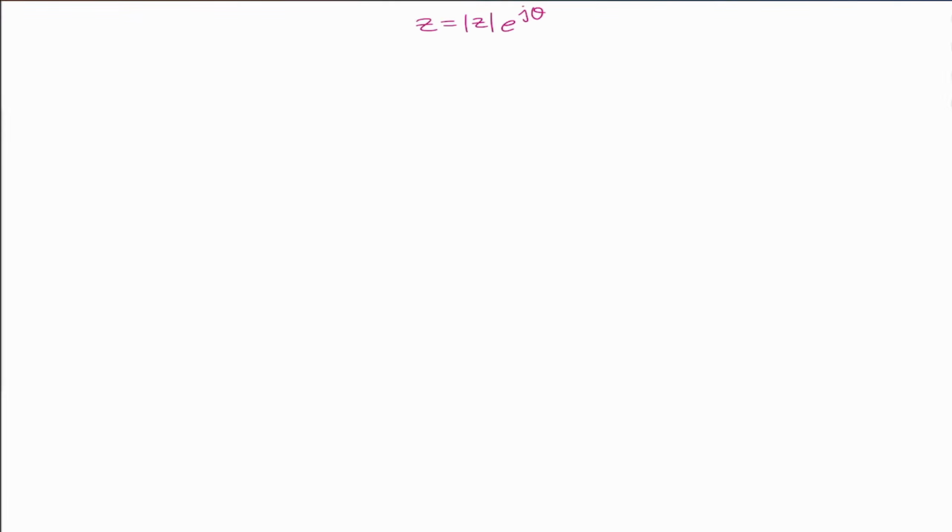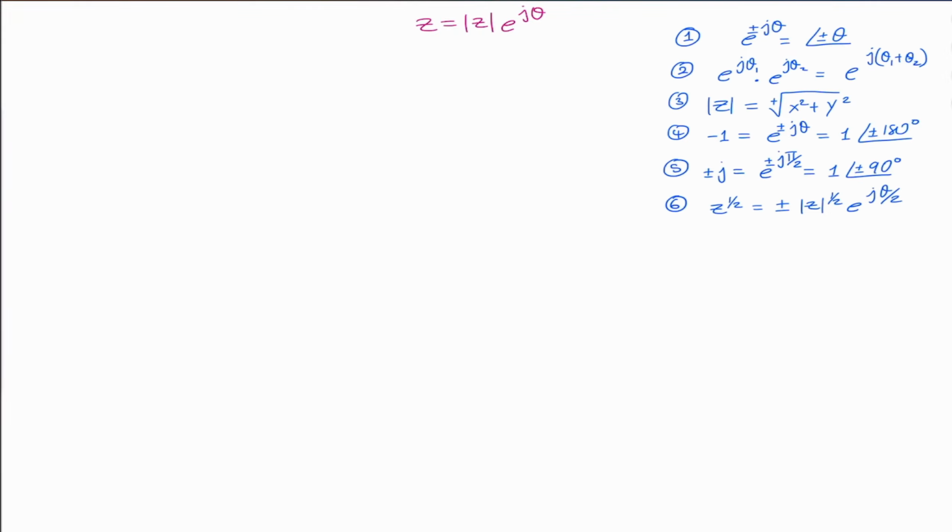So, first, z, the complex number in polar form, is equal to the magnitude of z times the complex exponential e to the j theta. We then list the following properties which will aid us in dealing with today's complex numbers. The first one is that we can write e to the plus or minus j theta as the angle of plus or minus theta.